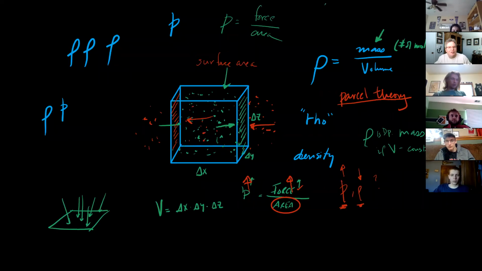Okay, so here's the first thing we need to write on here. Do you agree that if the molecules moved faster, they'd hit the walls harder? You agree with that? Yes. Okay, so then what I need to say is temperature is a measure of the average energy of the molecules.